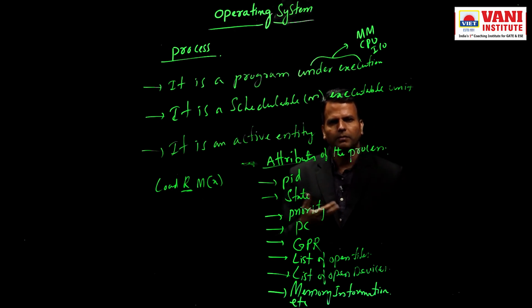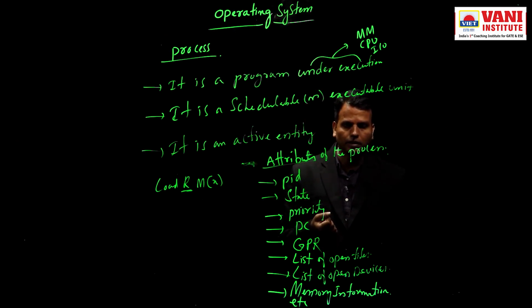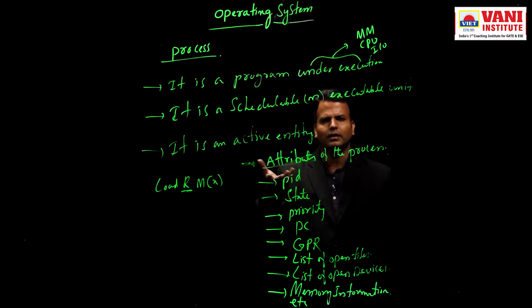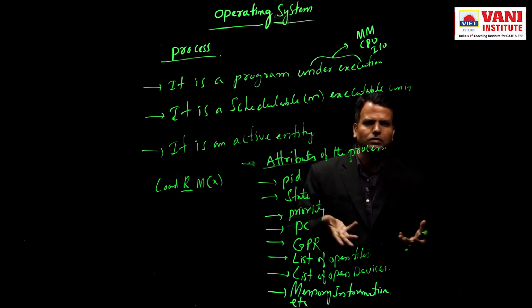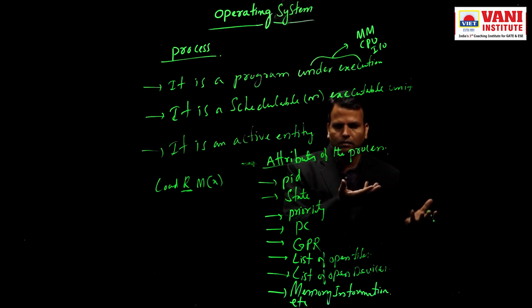What is my name? My name is Khalil Ahmed. Next is, what is my ID, meaning roll number. Whenever I take admission in college, they assign some ID. In which state are you right now? Like a process is generally in ready state, running state, or block state, we are also in some state. Right now we are in active state, and when we are sleeping, we are in block state or sleeping state.